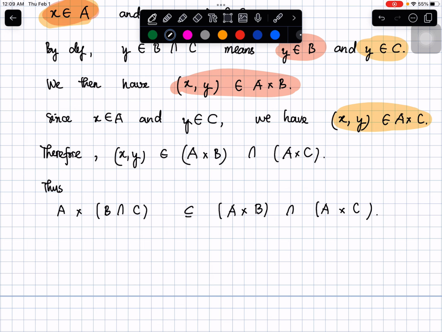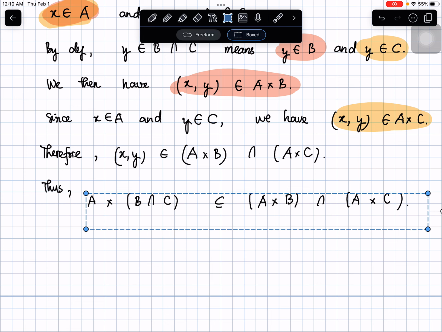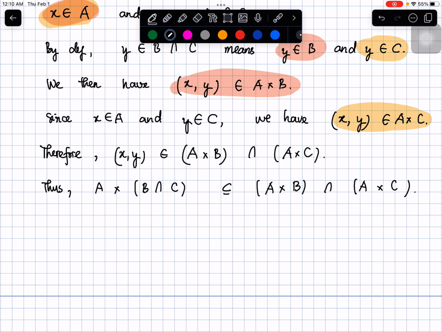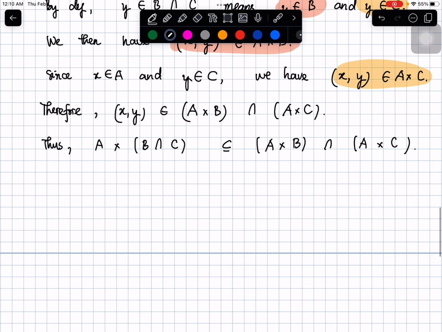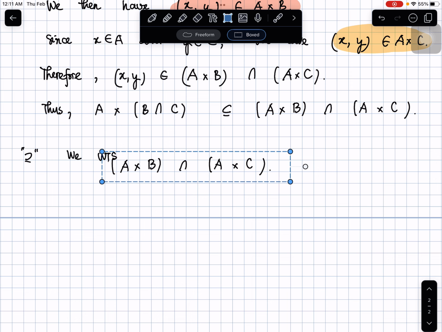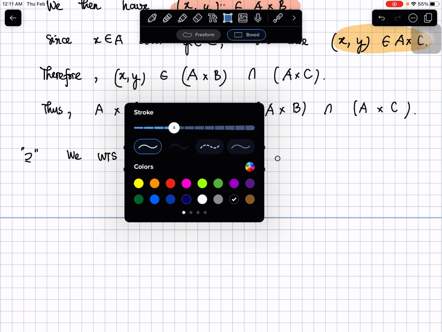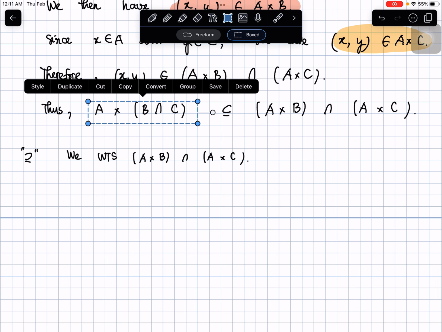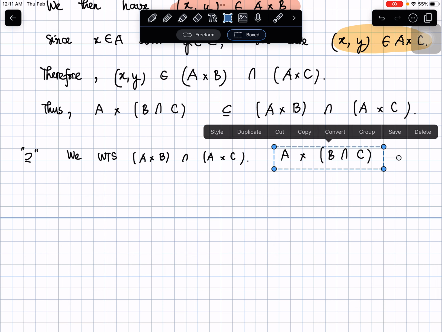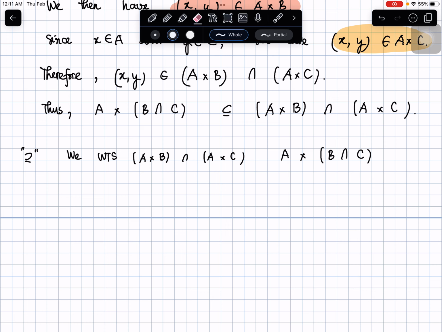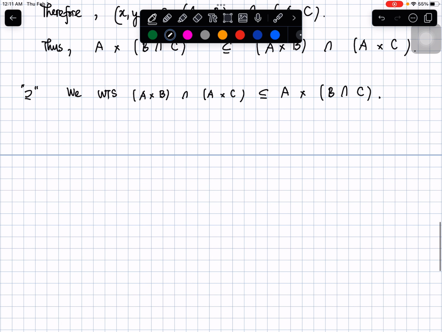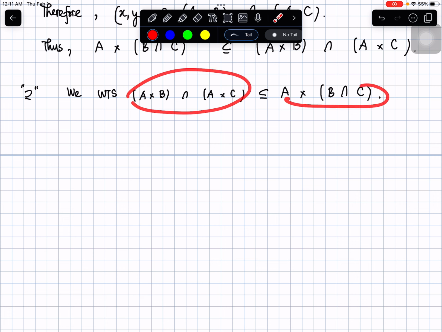So we have the first containment, and now we prove the other way around. To show this set is a subset of the other one. Okay, similar as we did before, this is a set, this is another set. So we pick an arbitrary element in this set.